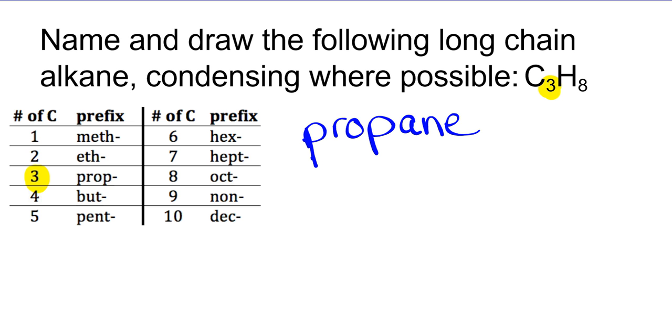Okay, and now let's draw it out. So I know that I have 3 carbons: 1, 2, 3. And we can draw it out the long way where I'm going to put an H on all of these. But I don't want to do that because that takes up a lot of space.